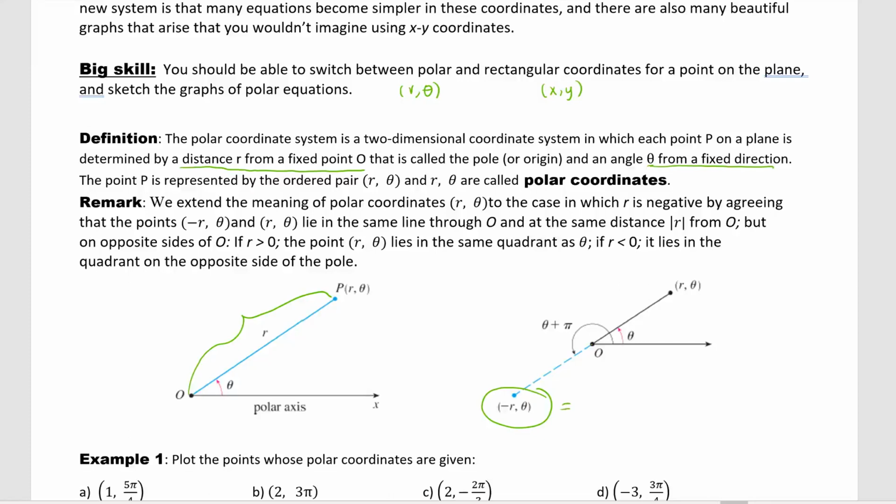You can also think of it as the angle theta plus pi, because pi is 180 degrees, but your r is the same r. So the angle is theta plus pi, and then you go forward distance r. So in the xy plane, each point has a unique representation, but for polar coordinates, a point can have many different representations.